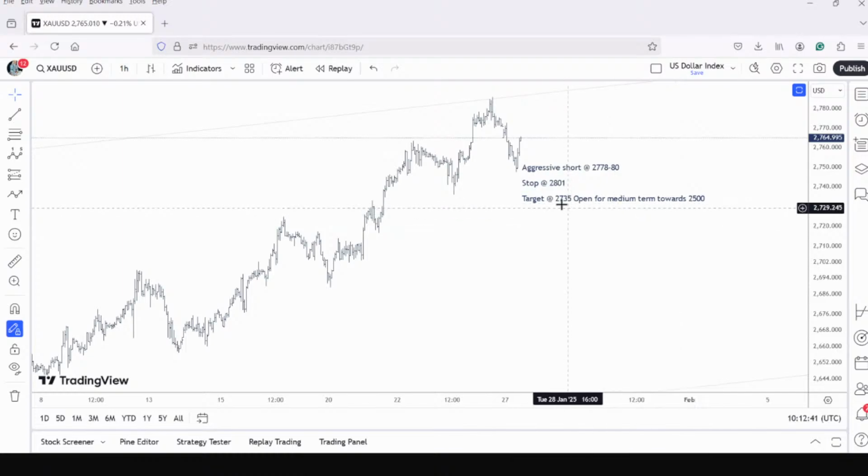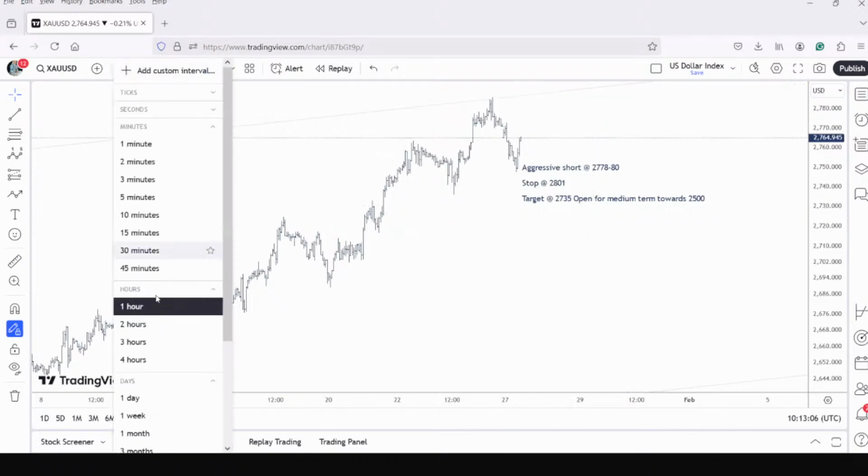But if you target 2735 from 2770, the risk reward ratio will be just 1:1. We are proposing the stop loss at 2801 and the target at 2735, so try and get some more, maybe 1:2 or even higher. In that case, you'll have to hold the position for a few more days, and there's nothing wrong in it.